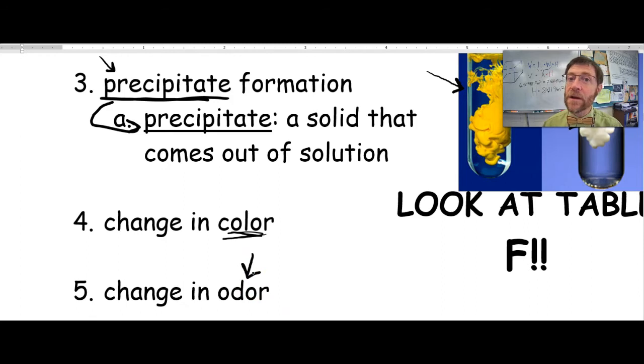It is not a guarantee, but it's a very strong indicator that something new has been created. So if you have something like change in color, odor, and bubble formation, and it's getting hot, man, that's probably some kind of chemical reaction. You know what I mean? So these are indicators, things that we can look for that clue us into, hey, something is happening here that may very well mean that we have a chemical reaction happening. Guarantee? Nope. Not a guarantee, but a pretty good indicator.